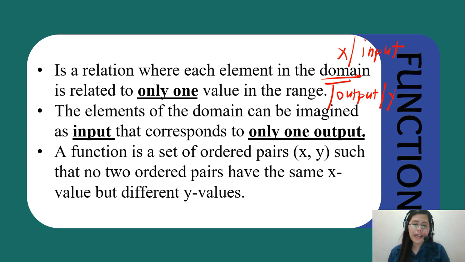Pero kapag may same na x value, hindi unique yung kanyang x, automatic po, yan ay not a function. Pero pwede pong magkakaiba ang y values. Tandaan ninyo lang po, pag sinabing function, dapat unique, magkakaiba-iba yung x input or domain mo.